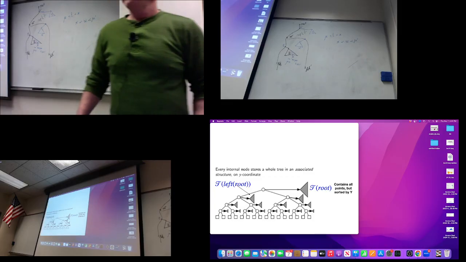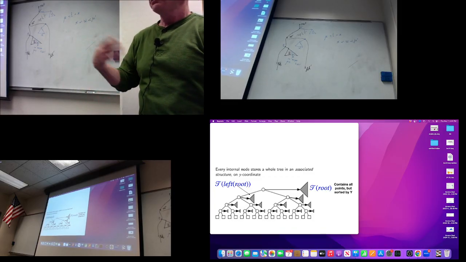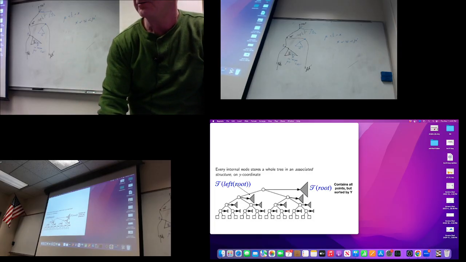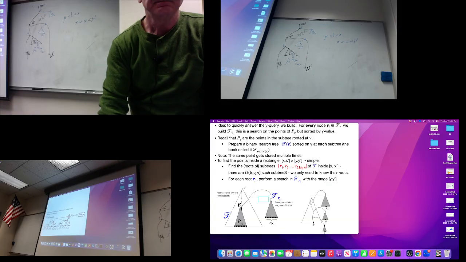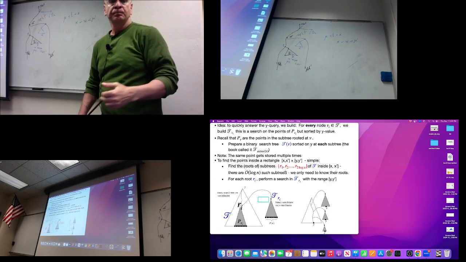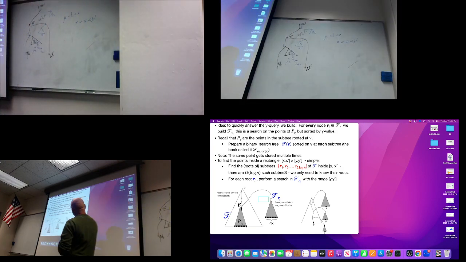And I'm trying to convince you that this forest of trees pointing to trees all helps the search somehow. So let's go back one slide. Just to summarize, we prepare a binary search tree tau of V sorted by Y, at each subtree.